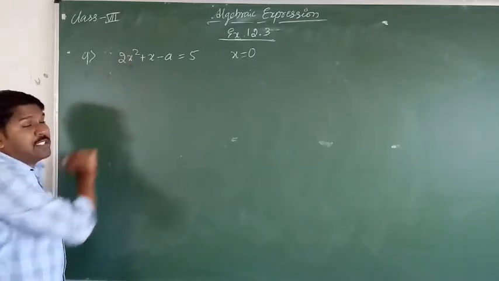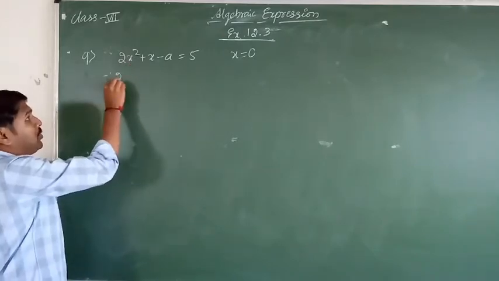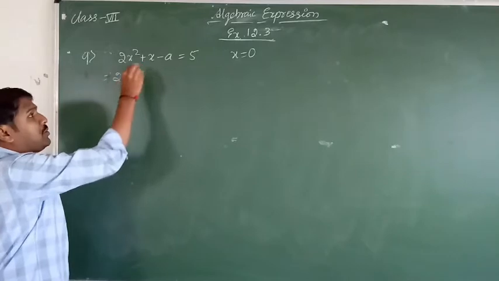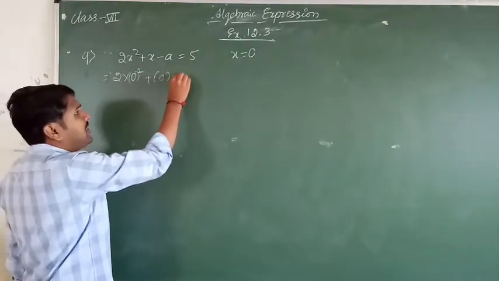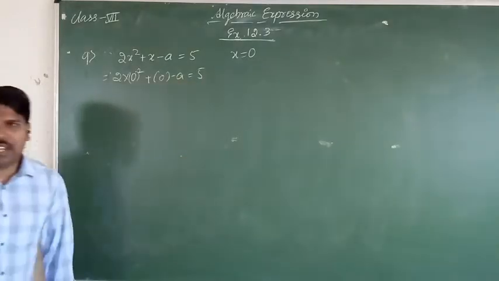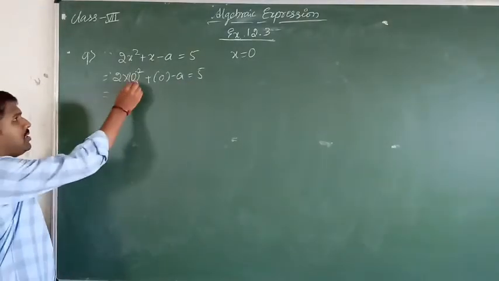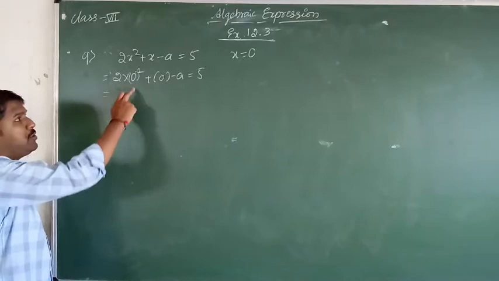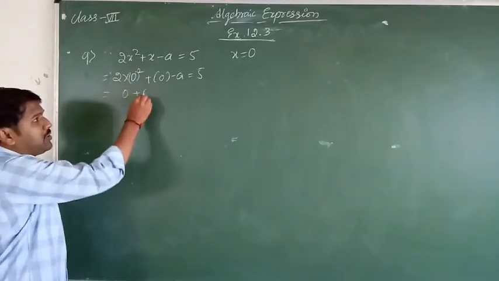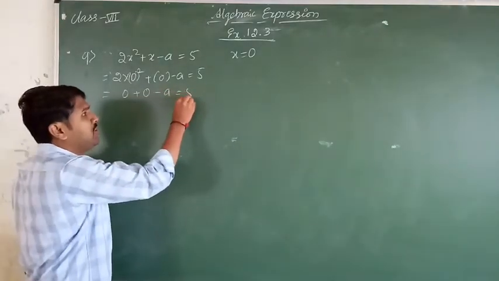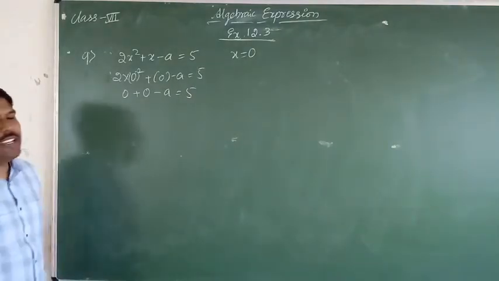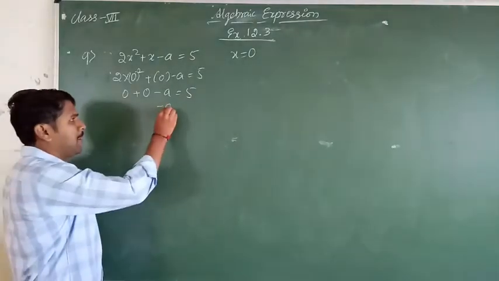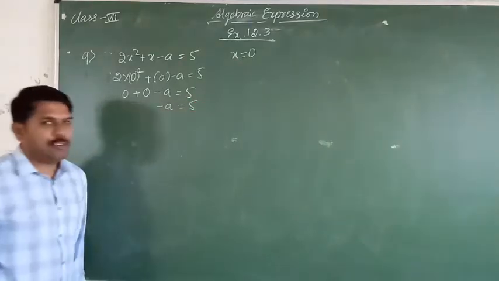First put x equals 0. So 2 into 0 raised to 2 plus 0 only, minus a equals 5. Okay. So 0 square means 0 only. 2 into 0 means 0. This is also 0. So minus a equals 5.